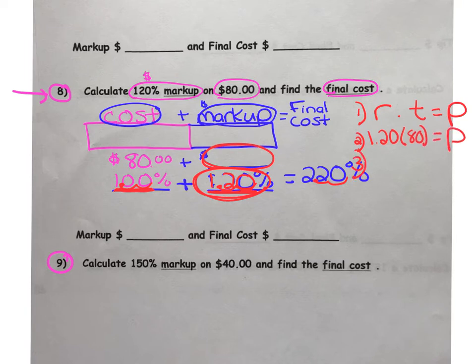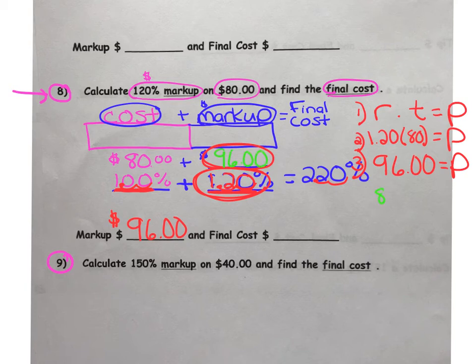Take a moment, grab your calculator, or use your phone. The calculator can be found there as well. And multiply 1.20 times 80. That shows a $96 markup. So we're going to add on $96 to our cost.